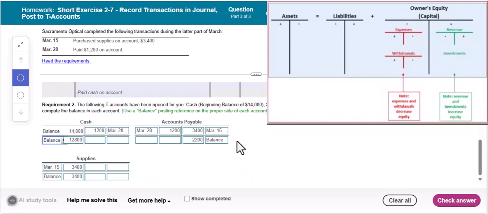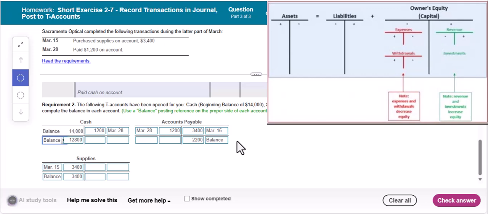So to conclude our problem, you can tell your boss that we have 12,800 in cash. We also have a $2,200 balance in accounts payable, and we also have $3,400 in supplies.